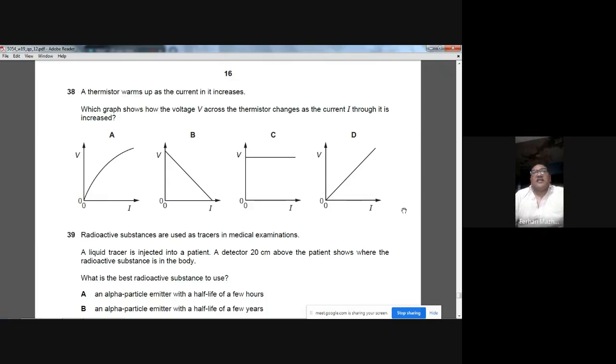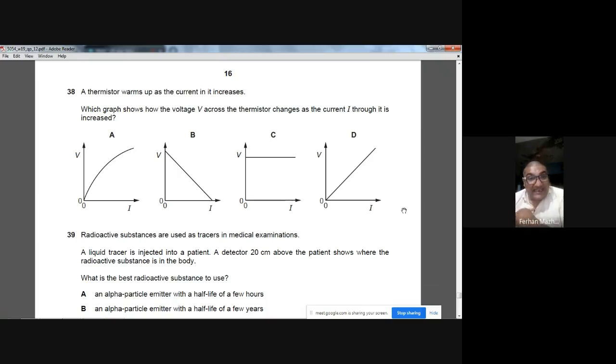You know that a thermistor is a non-ohmic conductor, so the graph should not be an ohmic conductor graph. When you increase the current, the temperature rises, the resistance drops, and the voltage drop or potential difference will also become smaller.